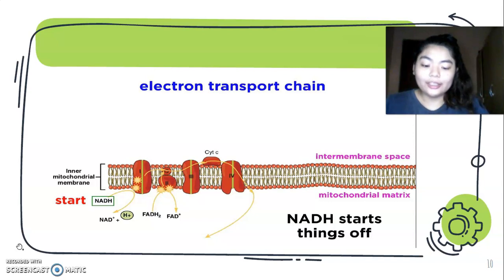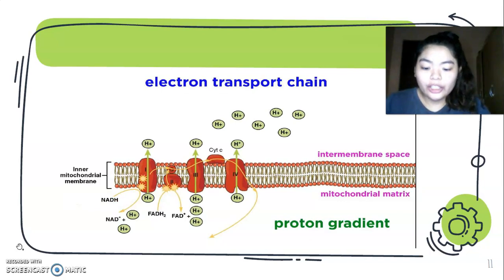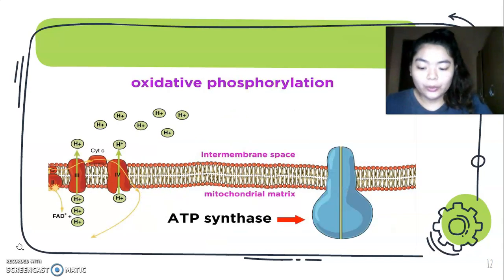This process does not generate ATP directly, but a byproduct of this series of electron transfers is the generation of a proton gradient across the membrane. Protons accumulate outside of the inner mitochondrial membrane, which then go to power another protein complex called ATP synthase. This is the component that synthesizes the ATP.